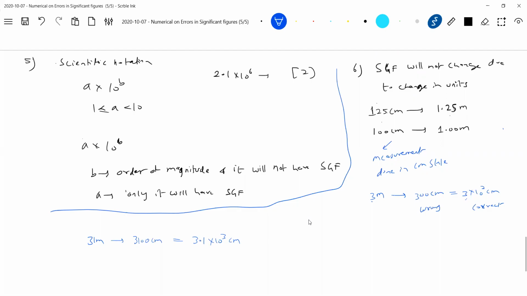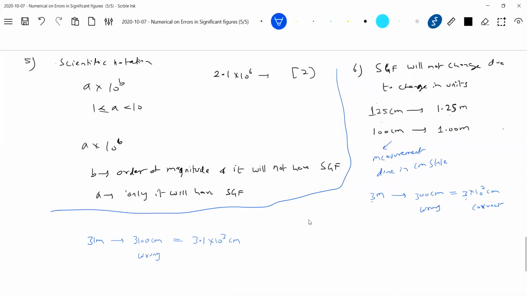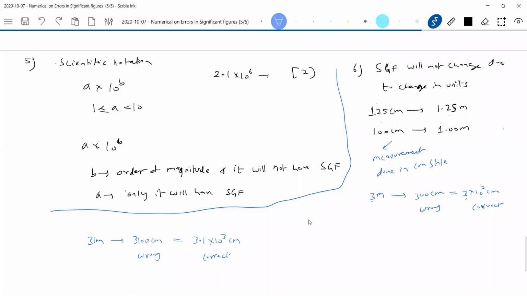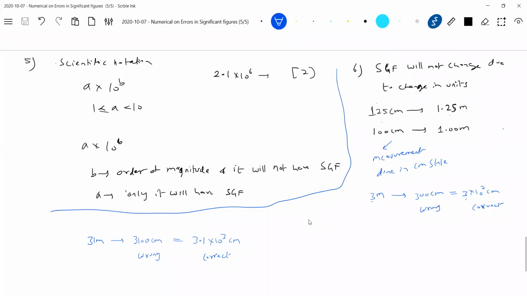Is it justified? How many significant digits are there? 31, so 2 significant digits are there. So this will be wrong here. So when you're converting from one form to another, this is what is going to help you a lot.